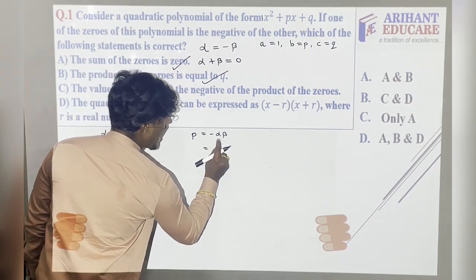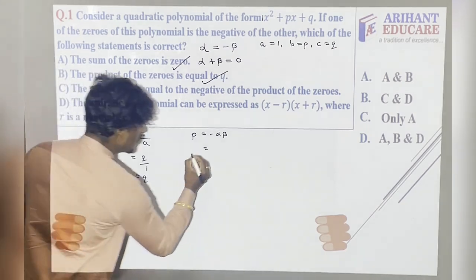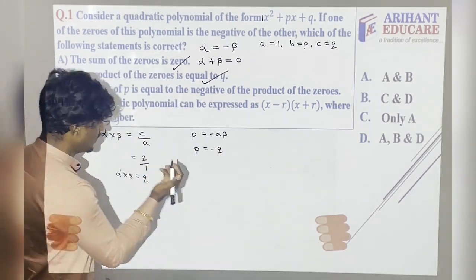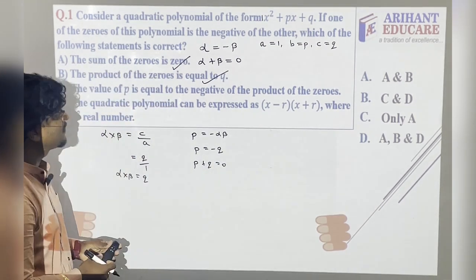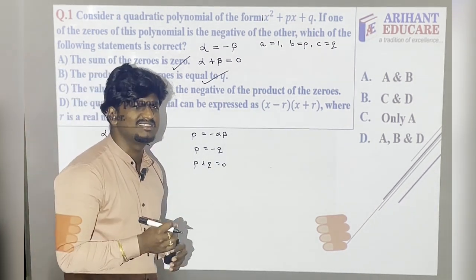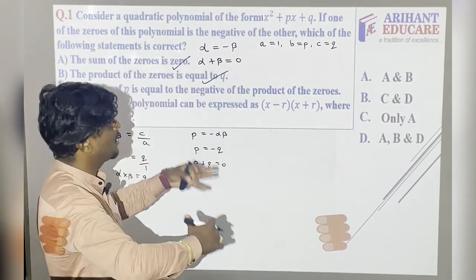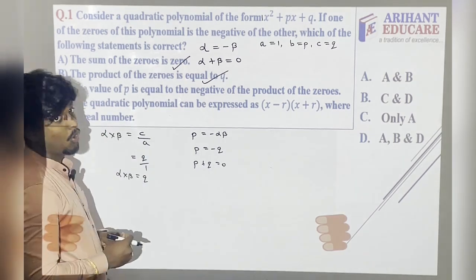Now, what is alpha beta as per our calculations? It is q. So they are saying p is negative of q, or we can say p plus q should be 0. Do we have adequate conditions to see this is true? I don't think so, because there is no information about p or q given. Therefore, right now we can say this statement is not true.